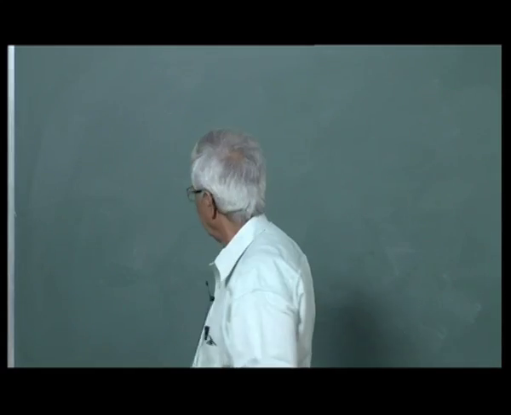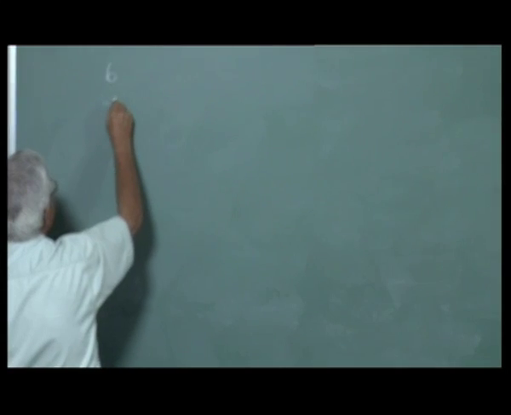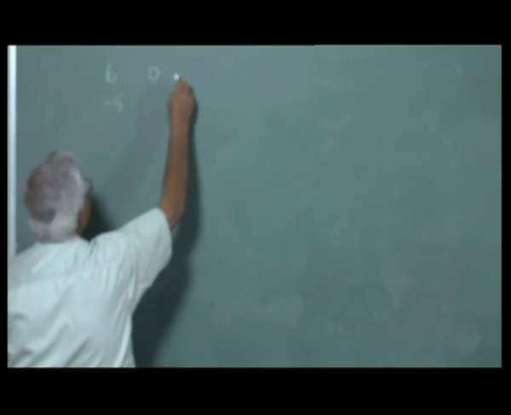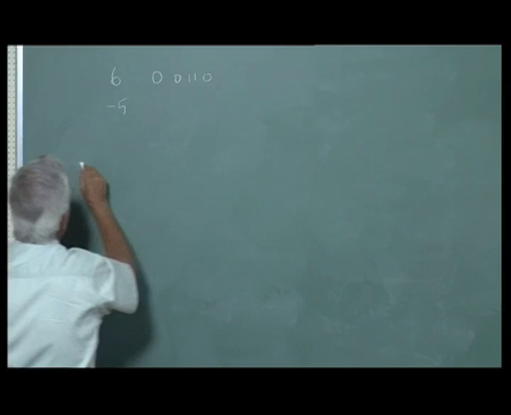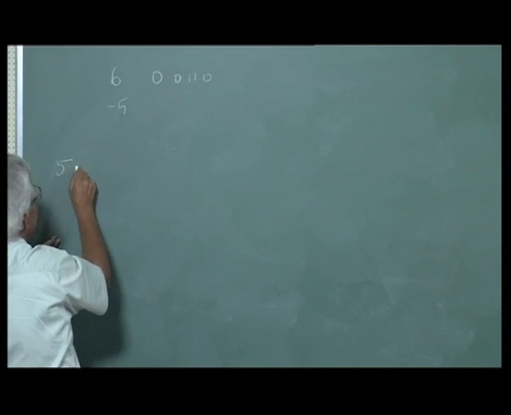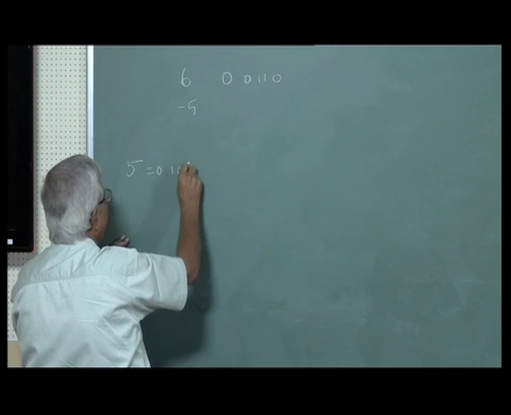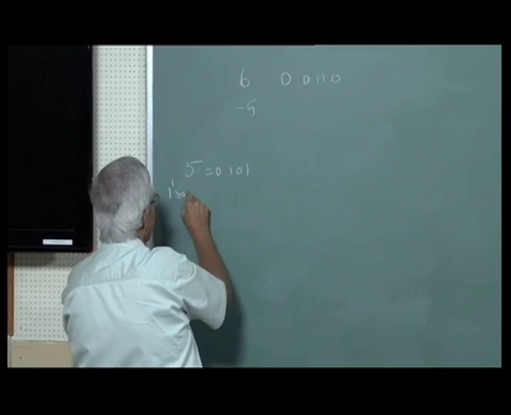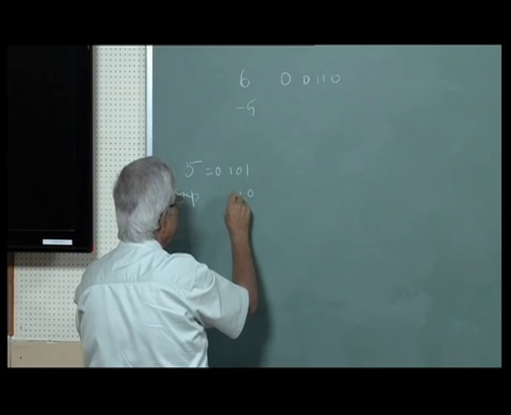Okay. 6 and minus 5. 6 is 4 bits again. Sign bit 0, so 0, 1, 1, 0. 5 is 0, 1, 0, 1. Its 1's complement is 1, 0, 1, 0.